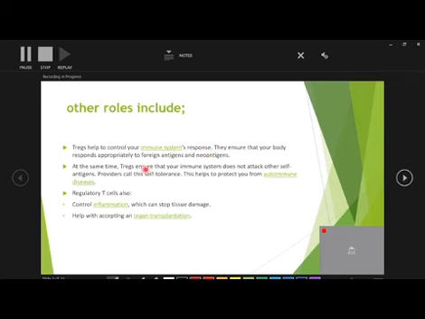At the same time, they ensure that your immune system does not attack its own self-antigens, for example in autoimmune diseases. So the body is unable to attack its own cells or antigens. These cells also help in inflammation and organ transplantation.